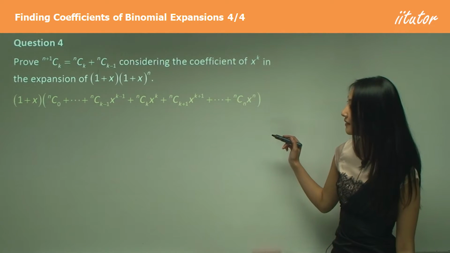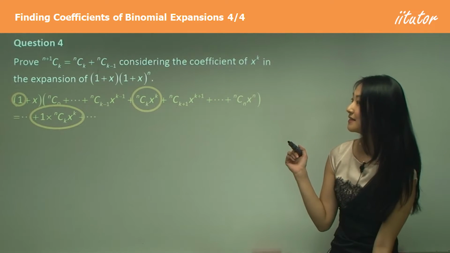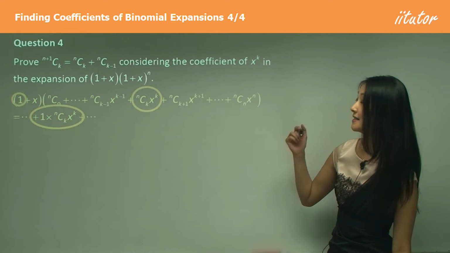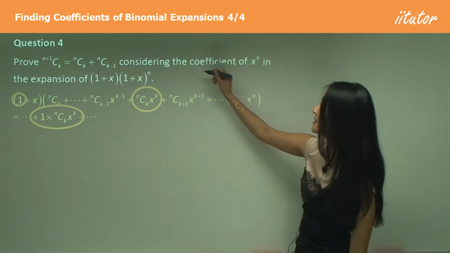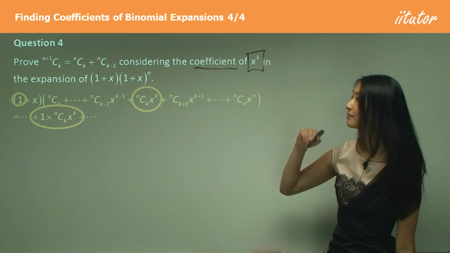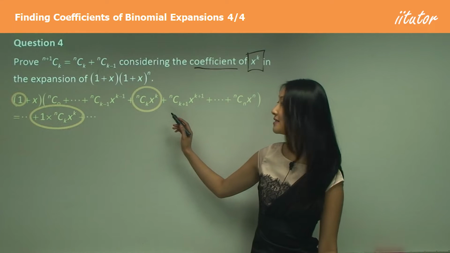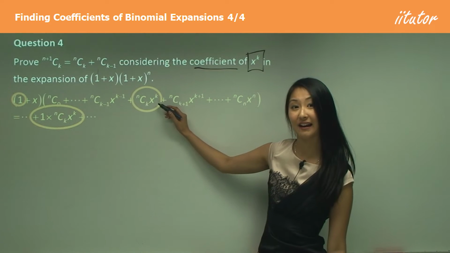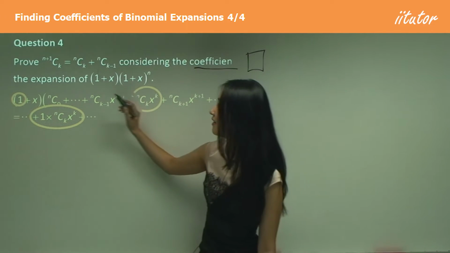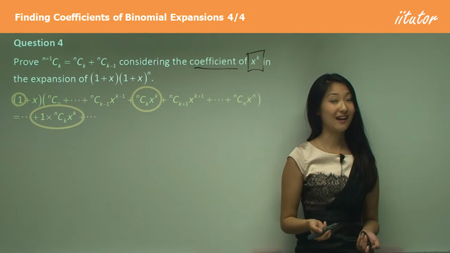All right, now we want to find something that's going to give us x to the power of k, because we want to consider the coefficient of x to the power of k. Looking here, 1 times what is going to give us that? Well, it's going to be x to the power of k, right? Now, x times which one of these is going to give us x to the power of k?